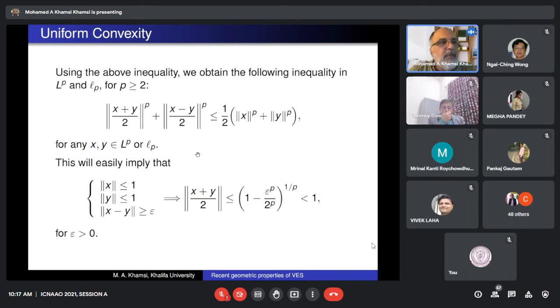So I'm not going to talk about the geometry of Banach spaces, where it shows that if you are uniformly convex, the dual is uniformly smooth, and if you are uniformly smooth, the dual is uniformly convex. So what you want to show is that capital LP, for p bigger than 2, is in fact both uniformly smooth and uniformly convex, and that's how you get that LQ for q less than 2 is also uniformly convex and uniformly smooth.